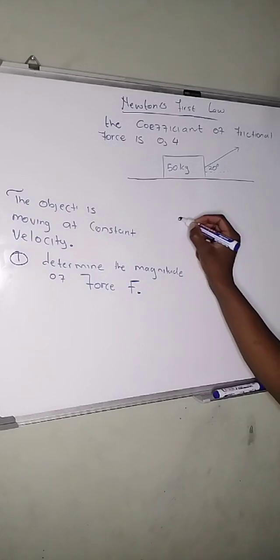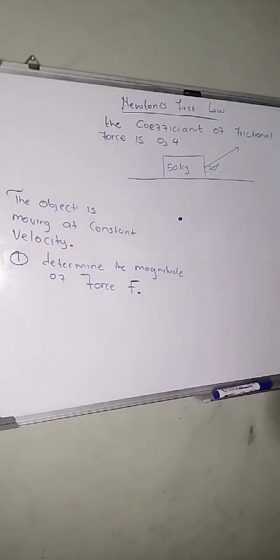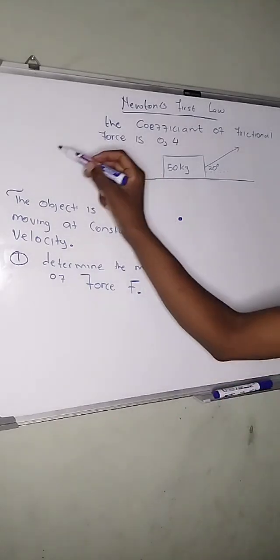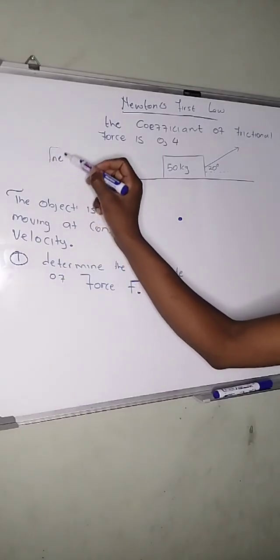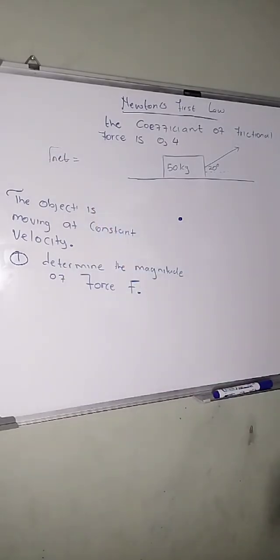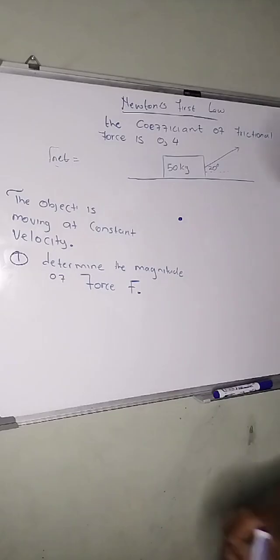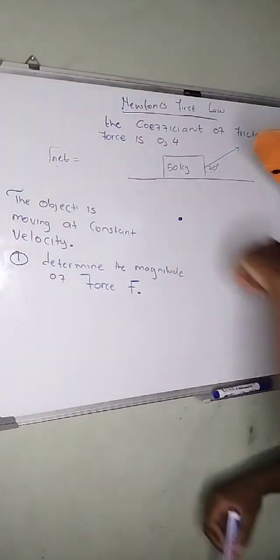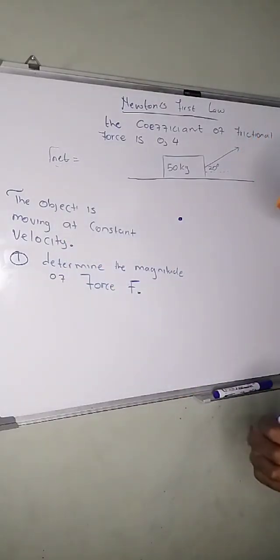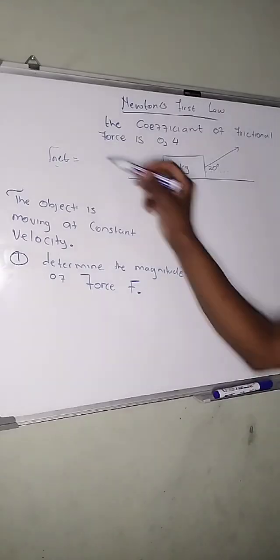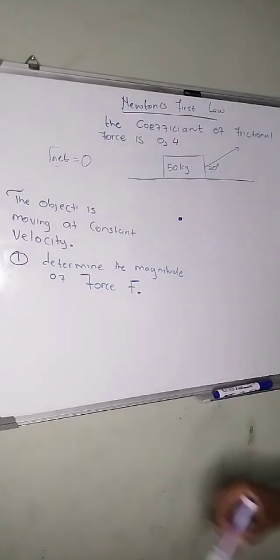The first thing that I'm going to do, what can I comment about Fnet? The Fnet is equal to how much? That's supposed to be easy. It's gonna be 0.